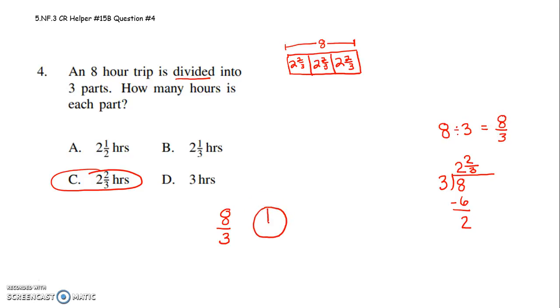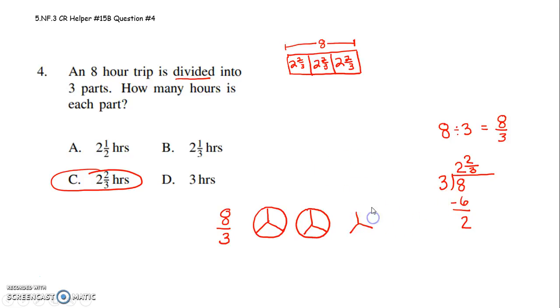There in my first circle, I have 1, 2, 3 thirds. In my next circle, I have 3 more thirds. If I had a total of 3 circles, I'd be up to 1, 2, 3, 4, 5, 6, 7, 8, 9 thirds, but I only need 8 thirds.